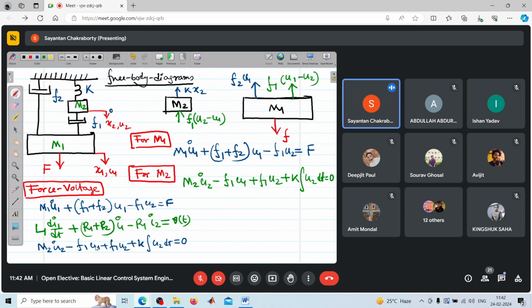So this will be represented as L2 di2/dt minus R1 I1 plus R1 I2 plus K, and K means 1 by C, integration I2 dt is equal to 0. Clear?